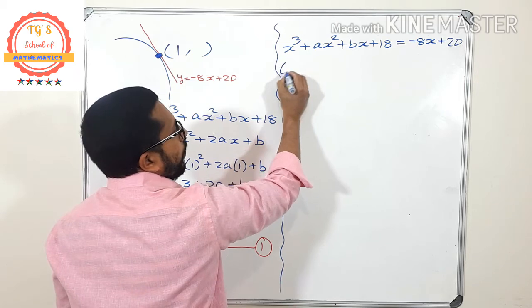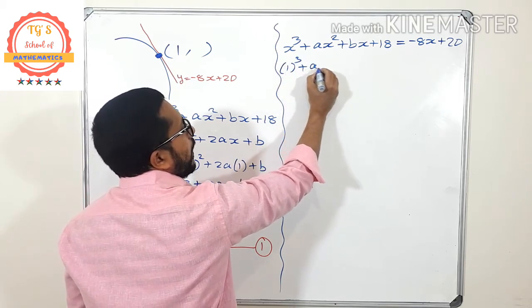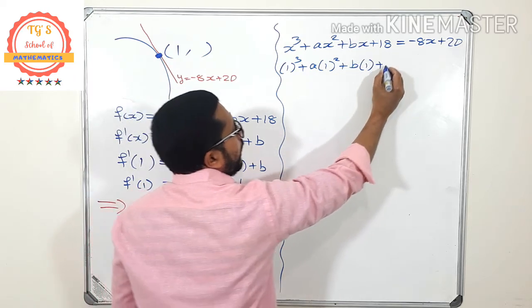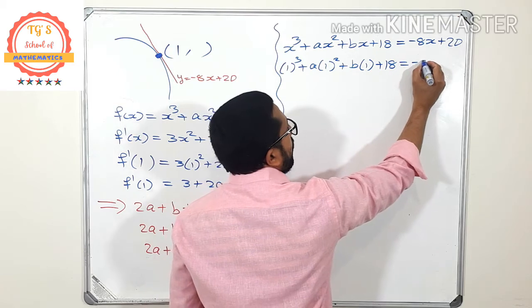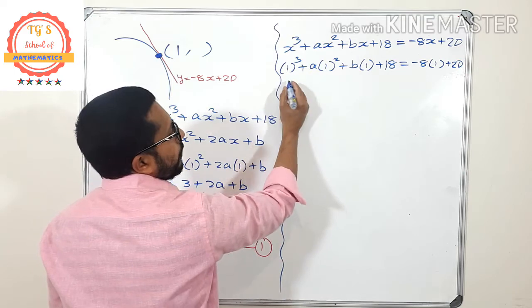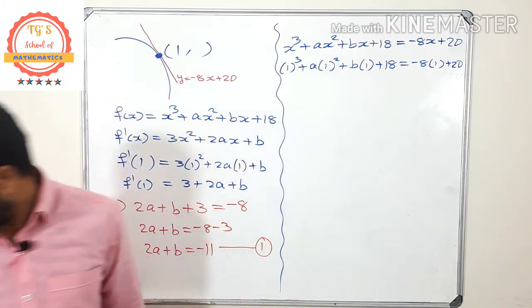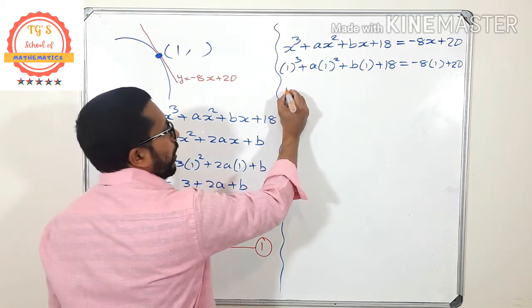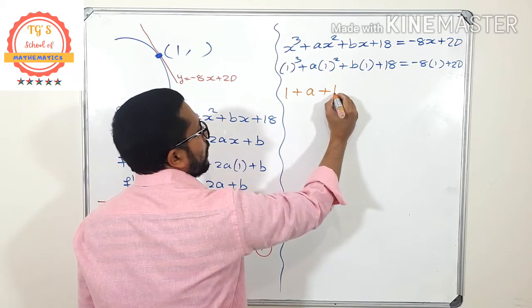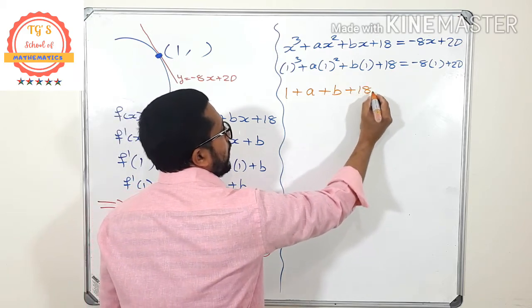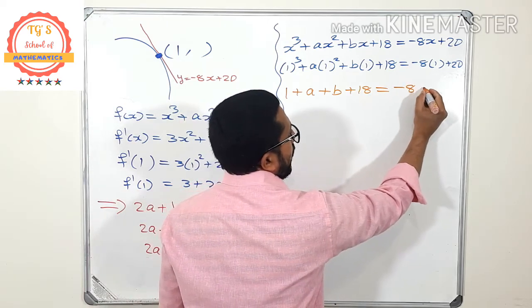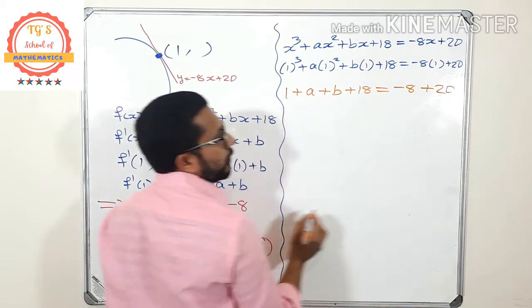So what is that one? 1 cube plus a into 1 square plus b into 1 plus 18 is equal to minus 8 into 1 plus 20. So what is this one? 1 cube is 1, plus a into 1 square, that is a, plus b into 1 is b, plus 18 is equal to minus 8 into 1 is minus 8, plus 20.